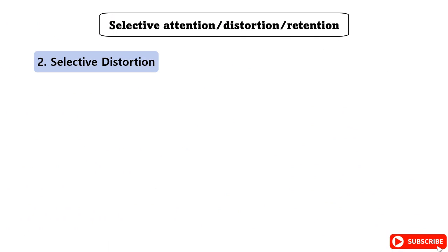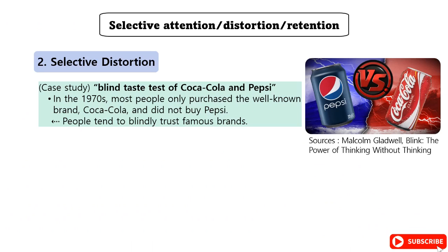There is a famous example of selective distortion involving Coca-Cola and Pepsi. In the 1970s, most people only purchased the well-known brand Coca-Cola and did not buy Pepsi, because people tend to blindly trust famous brands. In response, Pepsi conducted an advertising campaign called the Blind Taste Test.